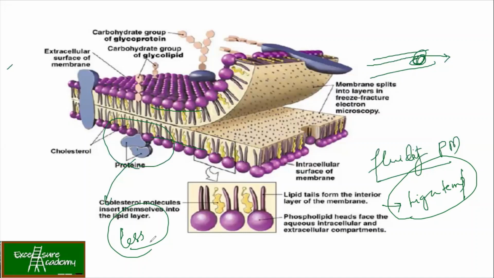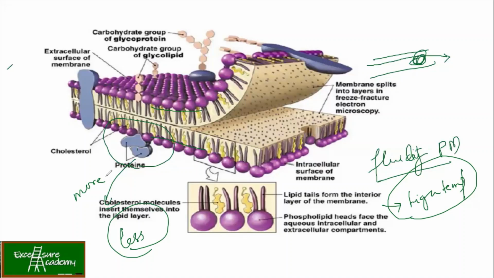Now just imagine another scenario. You have kept your cell at a very low temperature, let us say you put it in the fridge or freezer. At that time I need cholesterol to be more. Why? Because at low temperature the cell is going to freeze. It is going to become rigid in structure, which can hamper or destroy the cell.